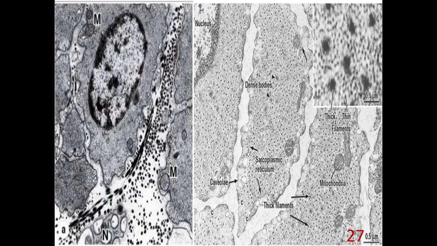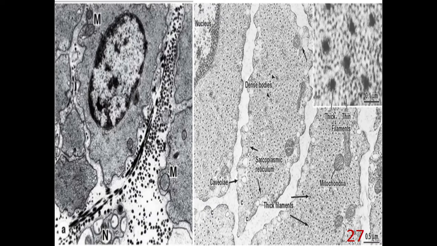And in our last slide, we see two electron microscopic views. On the left side, we see a centrally located single nucleus in a smooth muscle cell or fiber, some mitochondria, and between cells connective tissue appears. On the right, besides thin and thick filaments, mitochondria, sarcoplasmic reticulum and dense bodies, we can observe caveolae, which represent invaginations of the smooth muscle cell membrane.